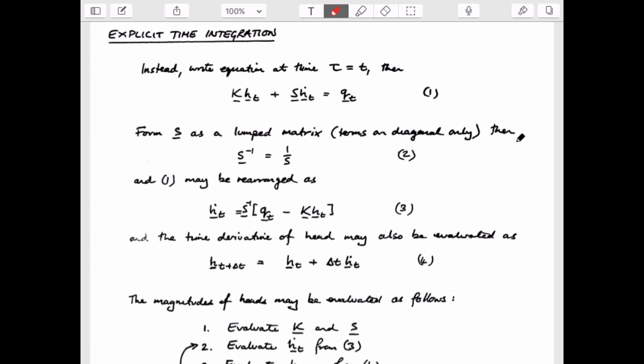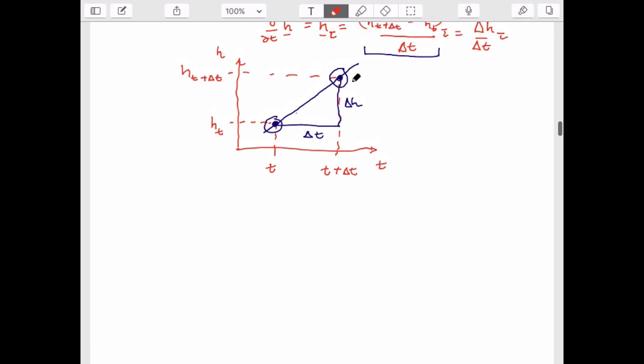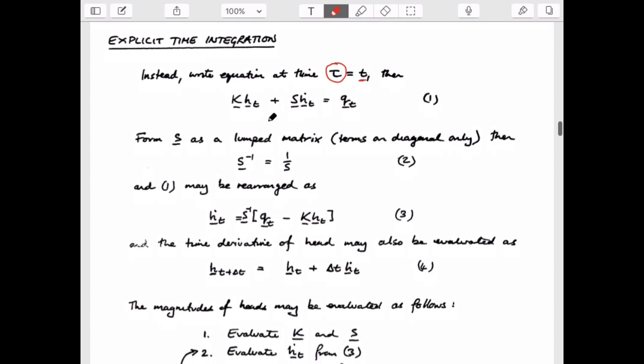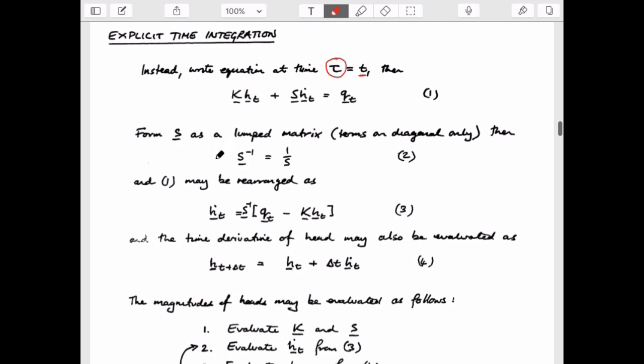So that's what we're attempting to do. So this is our equation. We can write it at any time tau that we choose. We're going to choose to write it at the early time step, as we said before, at this point here. And if we do that, then we end up with equation 1. We are going to choose to write the storage matrix as a lump matrix.